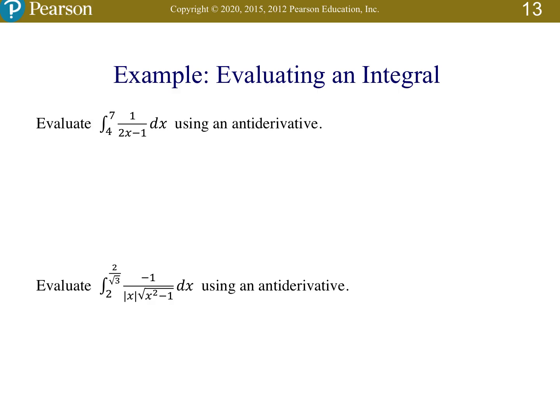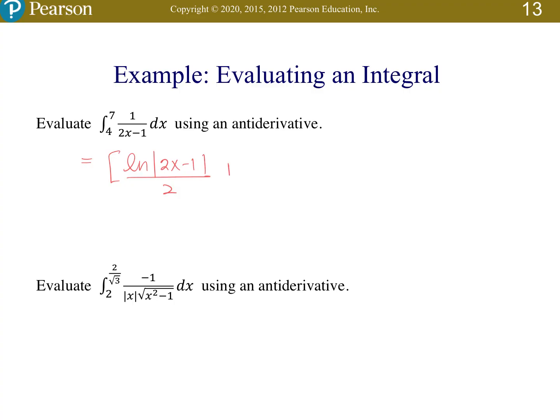But don't forget about the chain rule of the ln. And the other thing to remember about ln's is that their antiderivative has to be protected from being negative. So its antiderivative is always going to have the absolute value bars. So this is going to be the natural log of the absolute value of 2x minus 1. And then we're going to divide by the chain rule of 2.